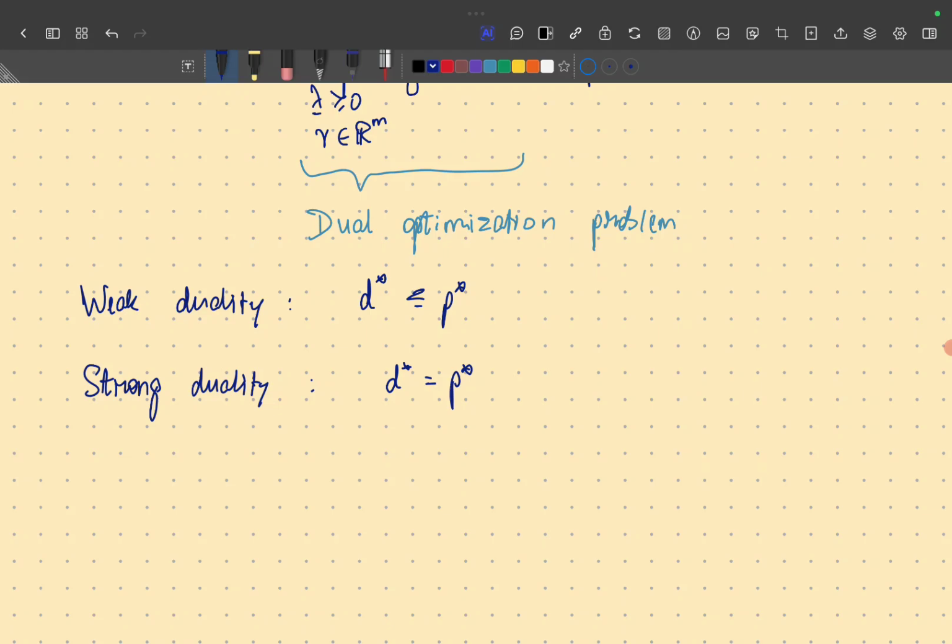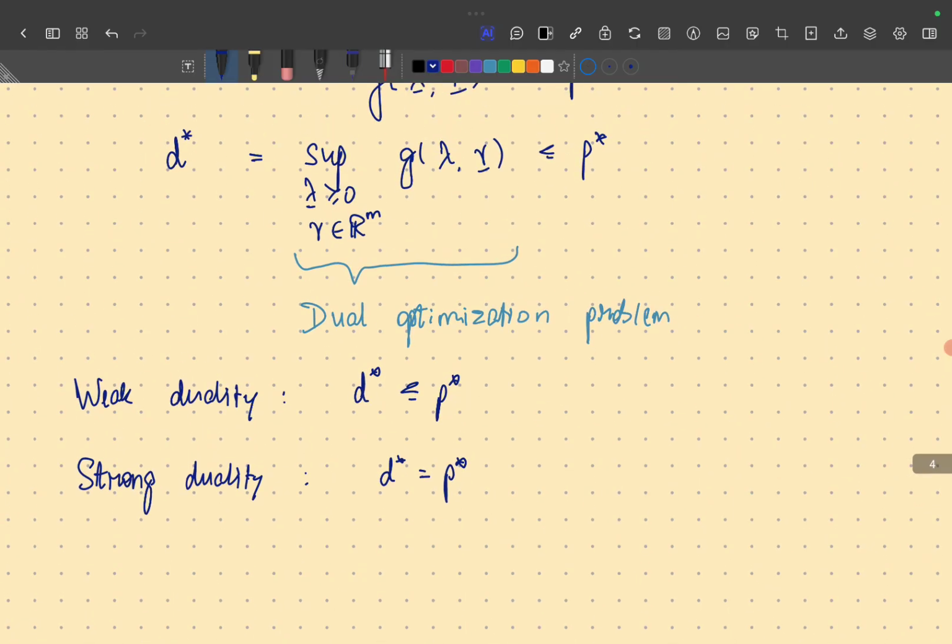One, the primal optimization problem, which is a constrained minimization problem. The other is the dual optimization problem, which is a constrained maximization problem. And if strong duality holds, then the minimum value of the primal optimization problem is equal to the maximum value of the dual optimization problem. The minimizer and maximizer could be very, very different. I don't say that there's any relationship between the two. But the minimum and the maximum values match. That's when we have strong duality.